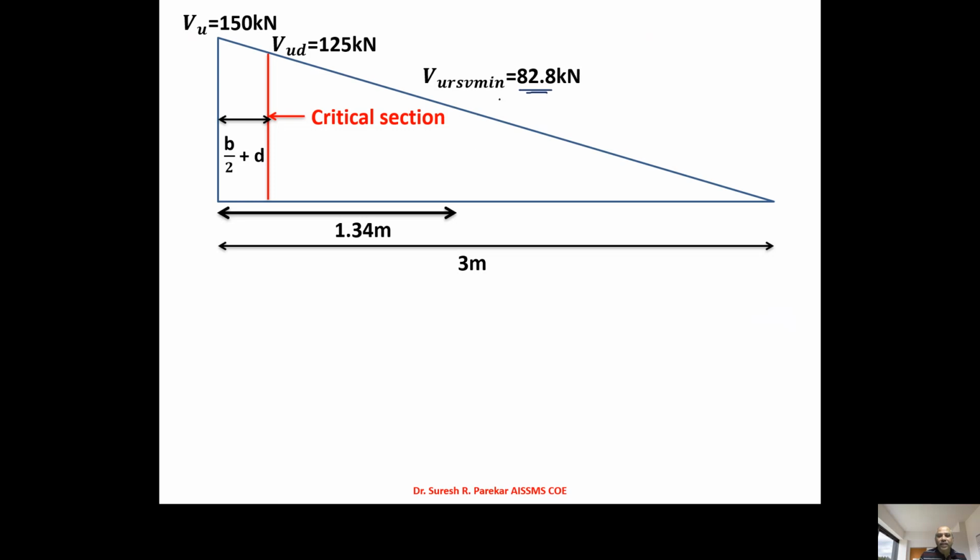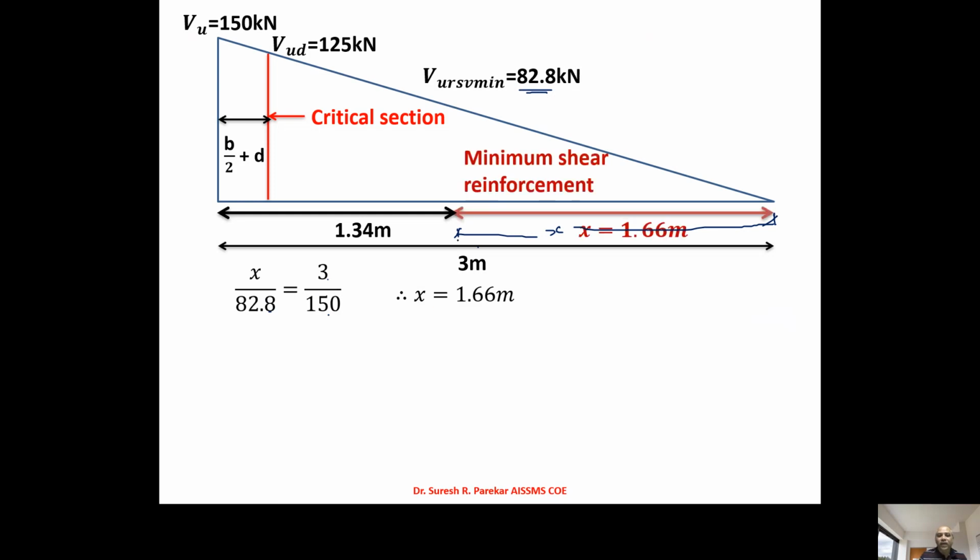Now we will find the distance where we get this value 82.8, because we have 3 meter, and this is 150. By using similar triangles, we get x upon 82.8, where we have considered this distance as x. Then x upon 82.8 equal to 3 upon 150, and from this we get x equal to 1.66 meter, in which we have to provide minimum shear reinforcement.